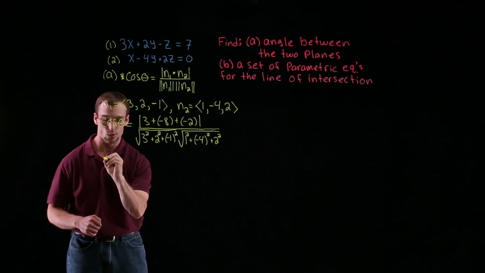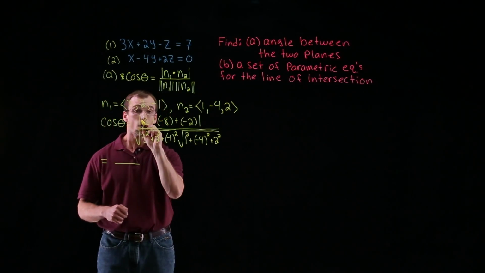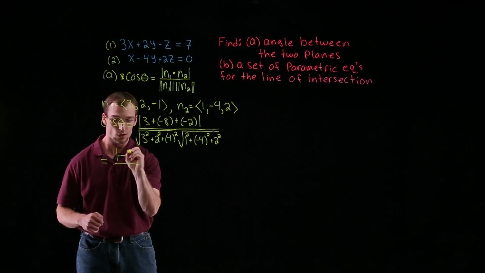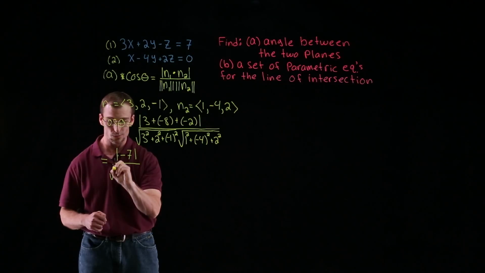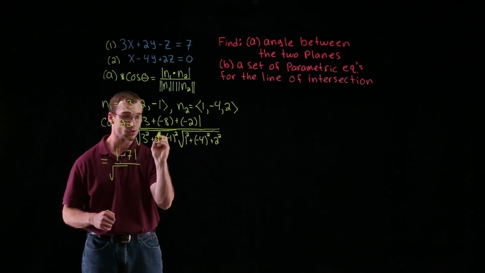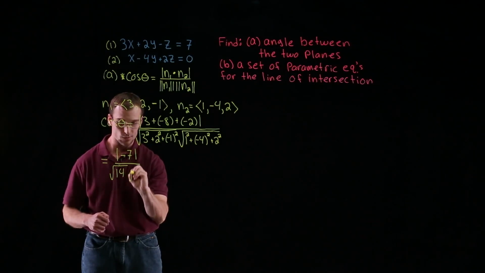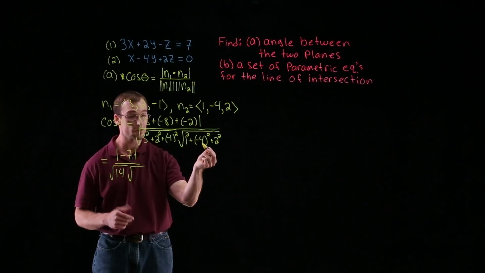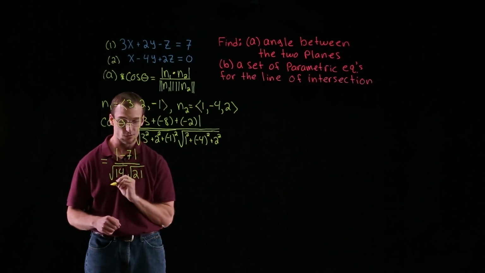Okay, and we'll go ahead and simplify everything. Looking at the top, 3 minus 8 minus 2 is going to be the absolute value of -7. On the bottom, we'll have the square root of 3 squared plus 2 squared plus 1, which gives us 14, times the square root of 1 squared, or 1, plus -4 squared, 16, plus 4, which gives us 21.